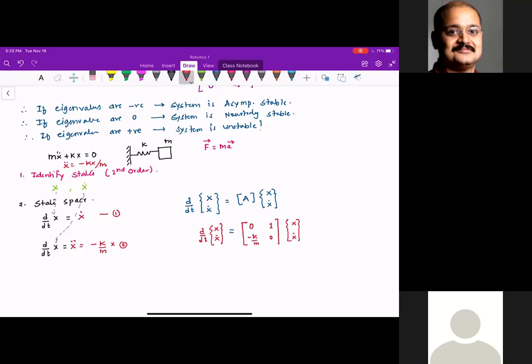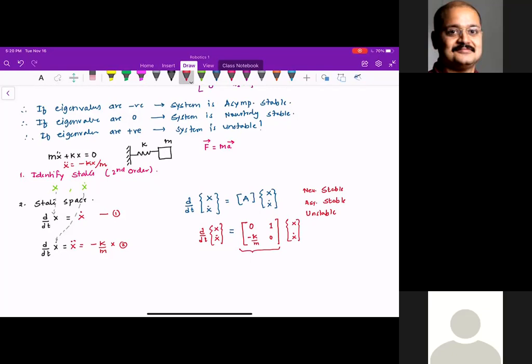Now, if I want to decide whether this system is stable, or neutrally stable, or asymptotically stable, or unstable, what I would do is find the eigenvalues of this matrix.